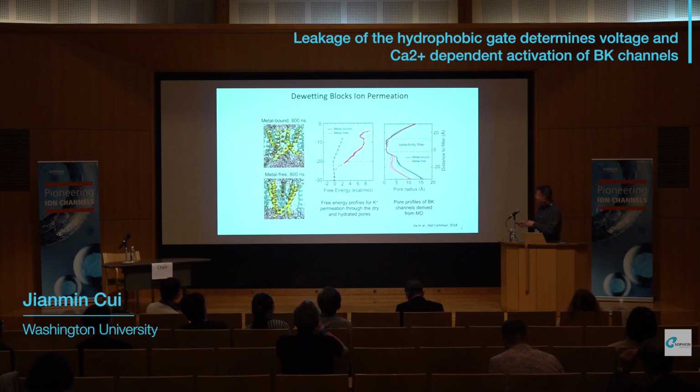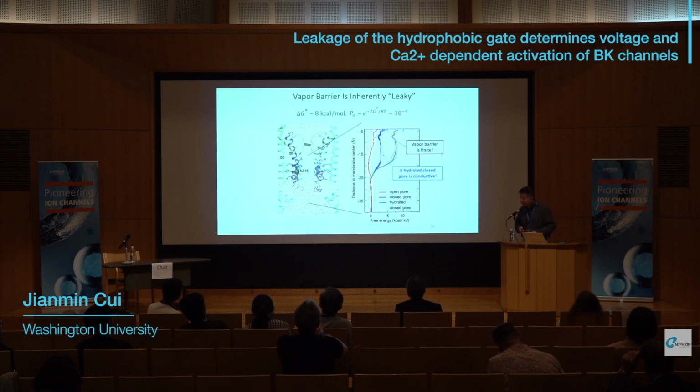Okay, so now how does this have anything to do with the intrinsic opening of the channel? We find that if you have a hydrophobic gate instead of a physically closed gate, the free energy that prevents the ion from going through is finite. This is about 8 kcal per mole.